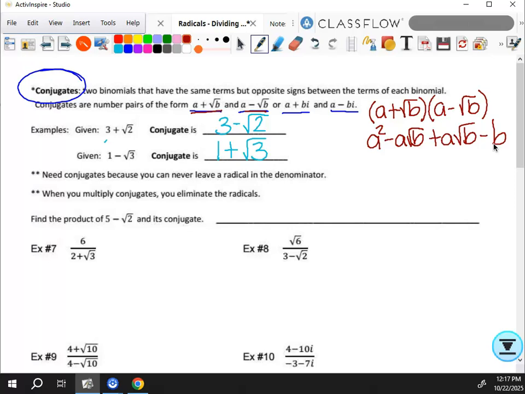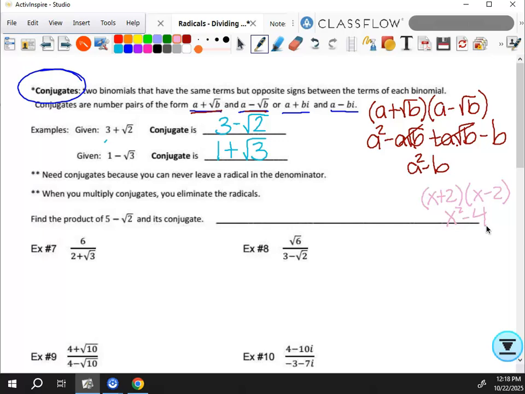So then when I simplify this, these two are the same but opposite signs, so those zero out. I end up with a squared minus b. All this is a difference of squares. Remember when we had x plus 2 times x minus 2, that's just x squared minus 4.